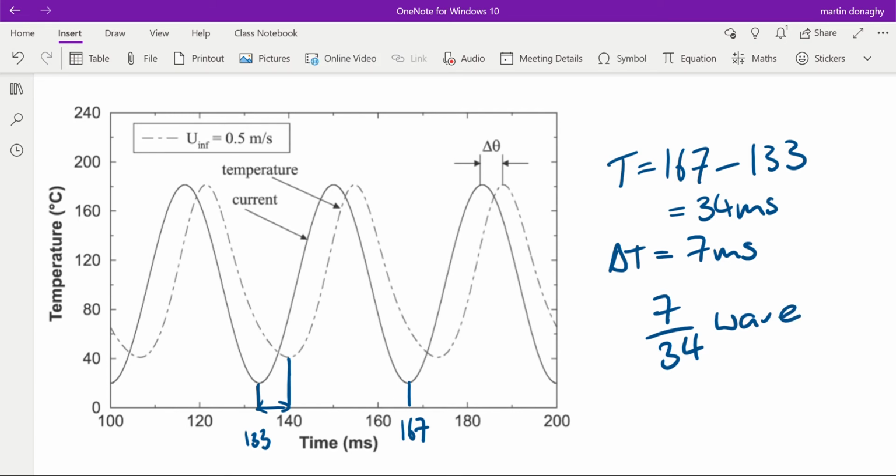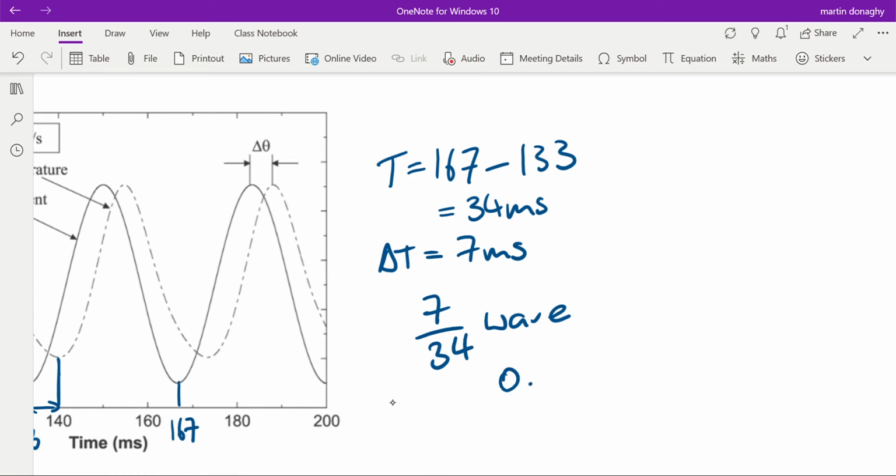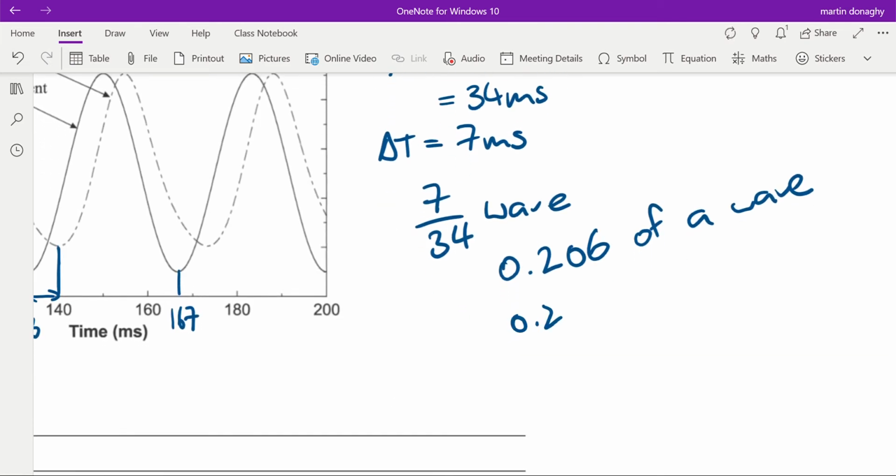Now I can type that, and we usually wouldn't leave things as fractions, sometimes with radians, but usually not. And that gives me really that it's 0.206 of a wave out of phase. Multiply that by 360 to get it into radians, or sorry, to get it into degrees, which is 74.1 degrees.